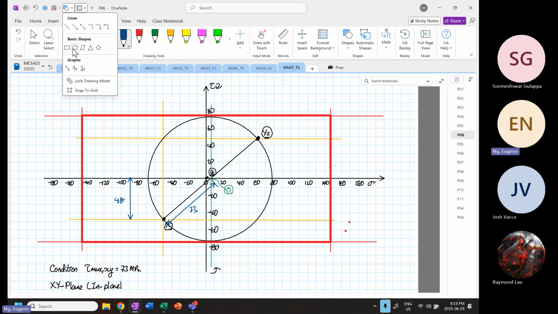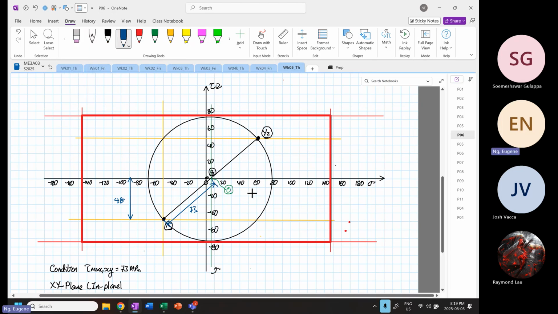So the first circle, wait, let me check, 2, 4, 6, 8. So this is the first circle over here.